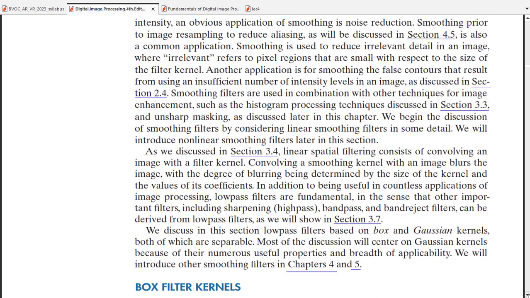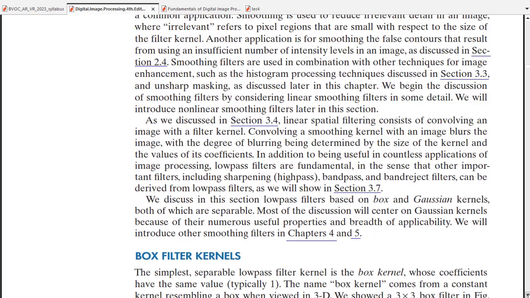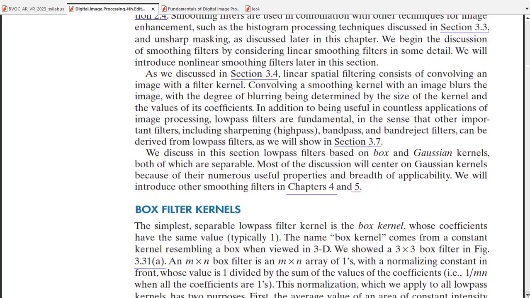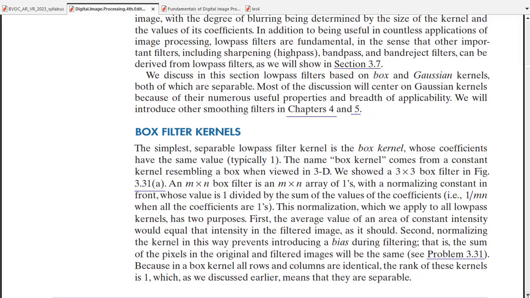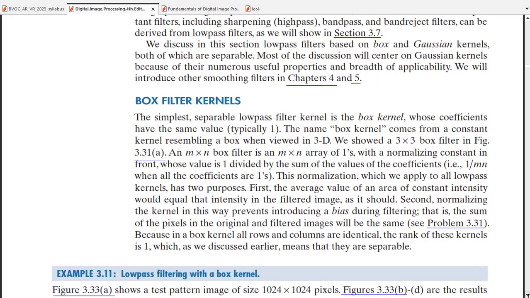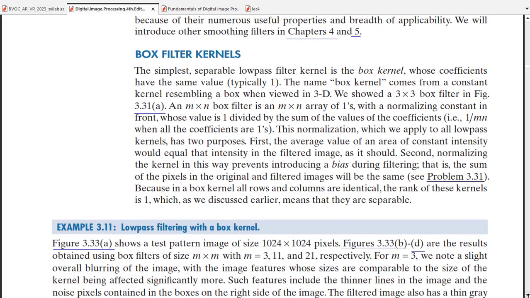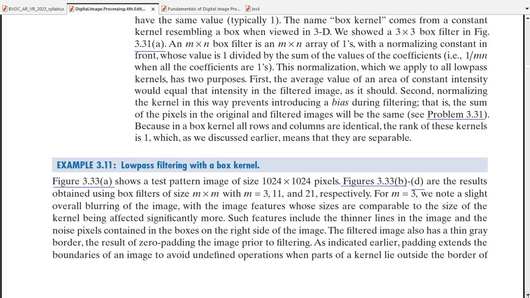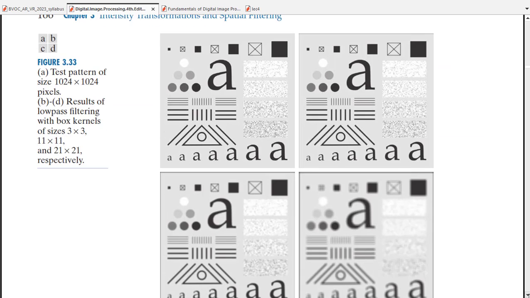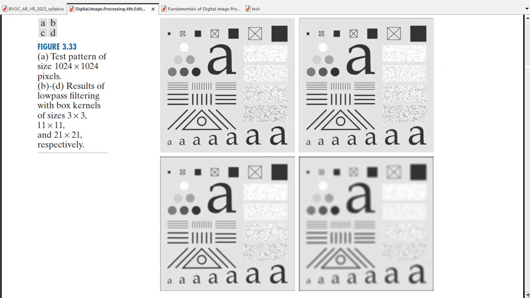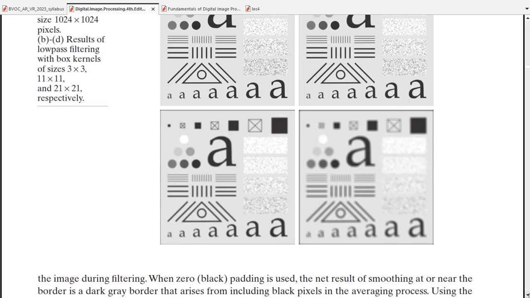Box filter kernels are like 3 by 3; an m by n box filter is an m by n array of 1s. For low pass filtering with the box kernel, we take a test pattern image of size 1024 by 1024. Filtering with 3 by 3, 11 by 11, and 21 by 21 kernels respectively, with zero padding, gives the smoothing result.